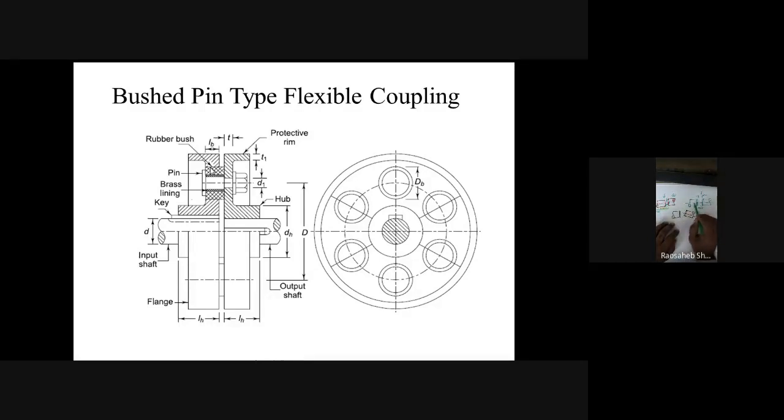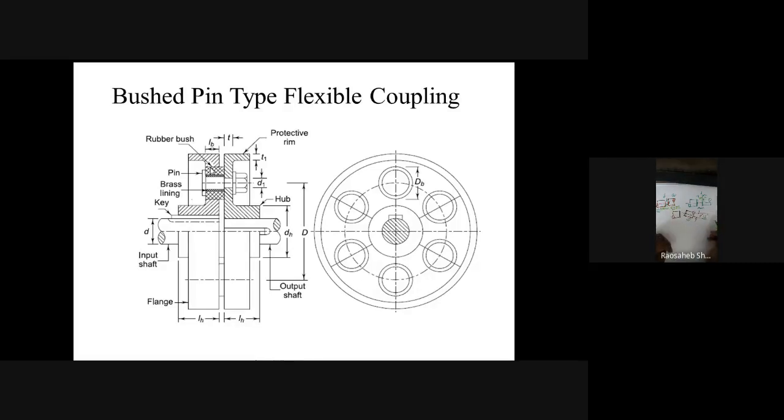Also axial misalignment, the distance between the two axes of shaft 1 and shaft 2, to that distance 0.5 mm we can use this. Also angular misalignment 1.5 degree. So here 0.5 mm allowed, 0.5 mm allowed, and here 1.5 degree.